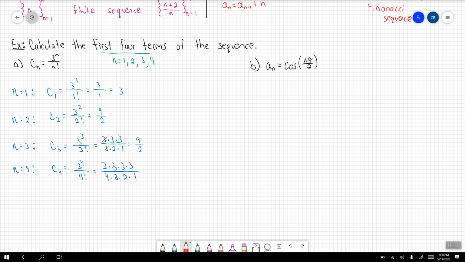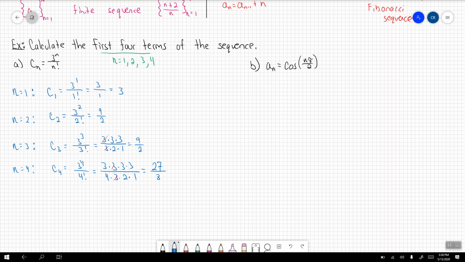Here one of the 3's in the numerator and the denominator will cancel out. Then we will be left with 3 times 3 times 3, which gets us 27, and 4 times 2, which gets us 8. So the answer here should be 27 divided by 8.